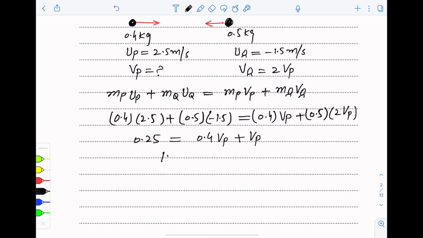This shows that 1.4 Vp is equal to 0.25. From here, Vp will be 0.179 meter per second. This is the speed of P after the collision.